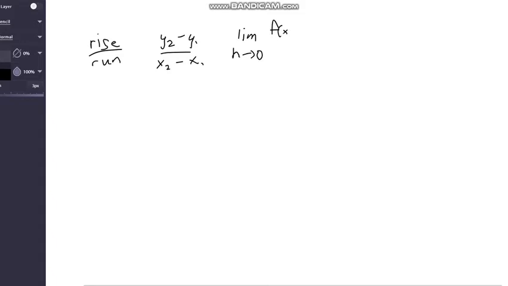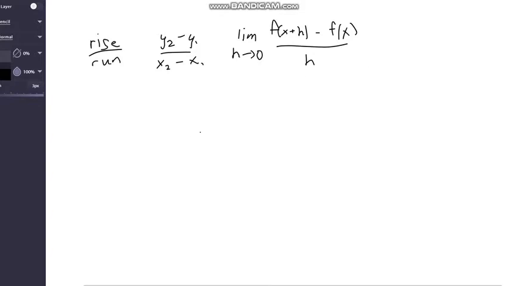Instantaneous rates are basically rates at a single point or as close to a point as possible, making basically the slope at that point very accurate. And the equation is limit as h goes to 0, f of x plus h minus f of x over h.